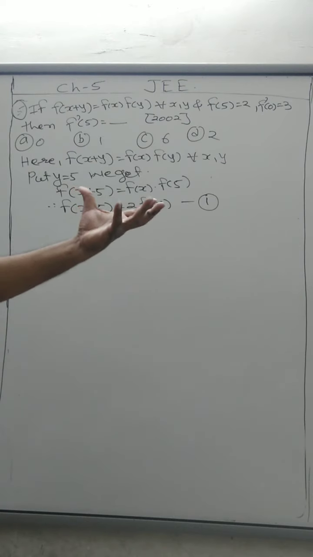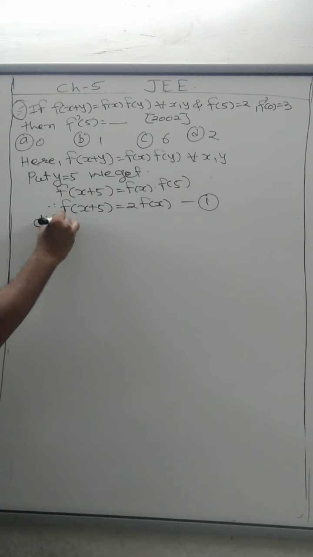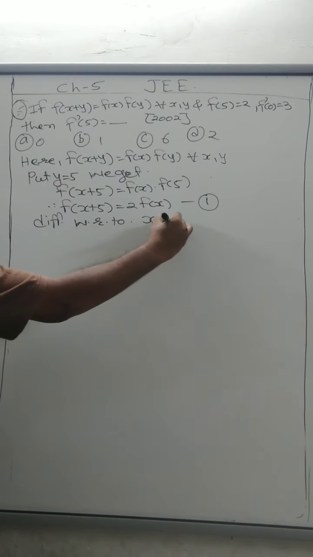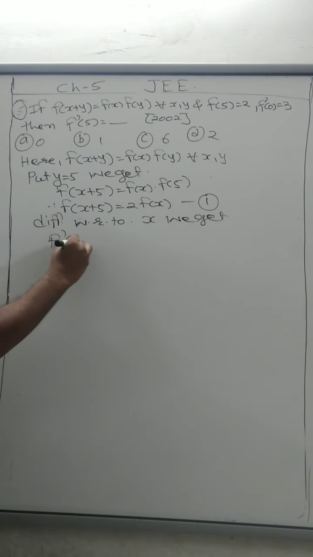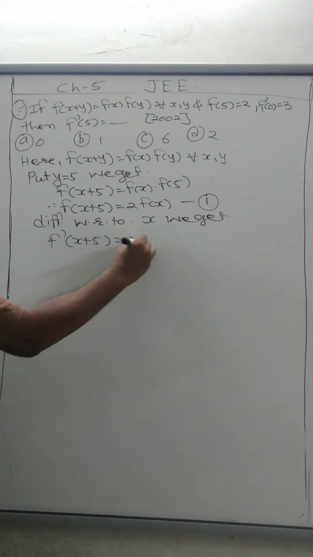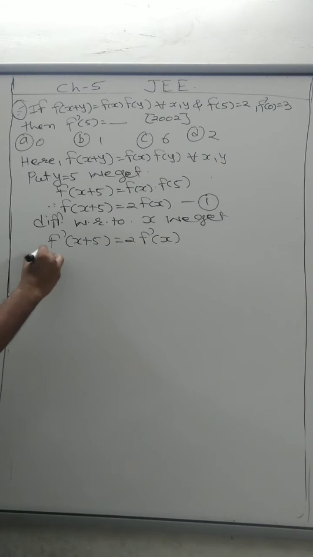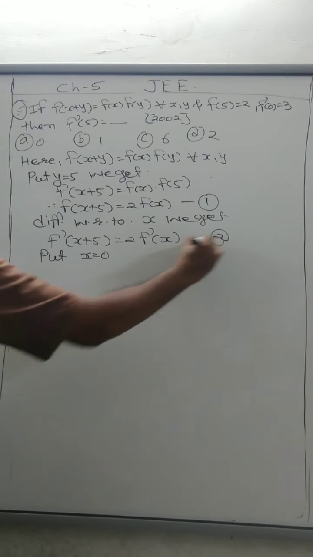Now we differentiate with respect to x, we get f dash of x plus 5 is equal to 2 f dash of x. Now we just put x equal to 0 in equation 2.